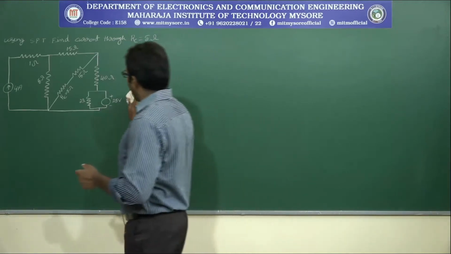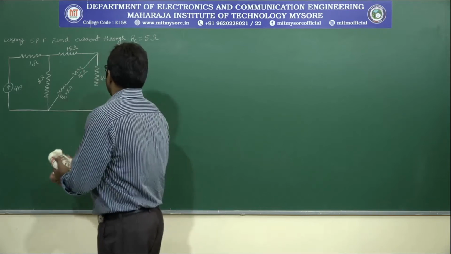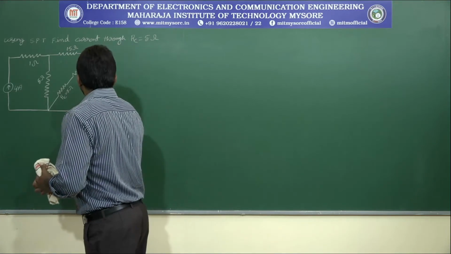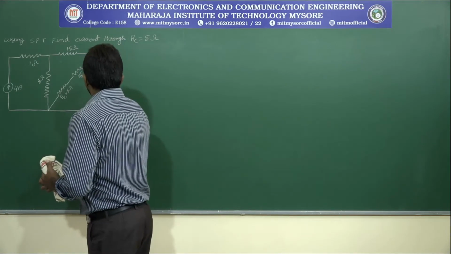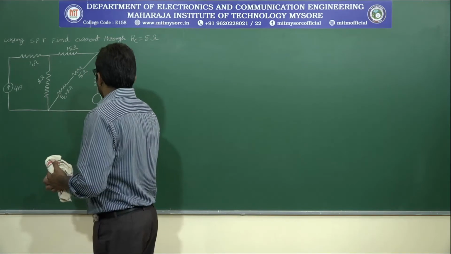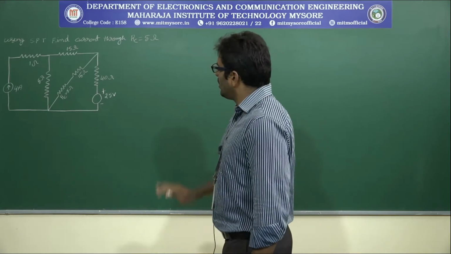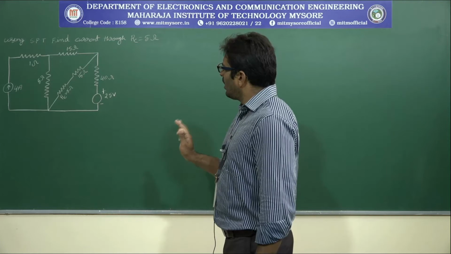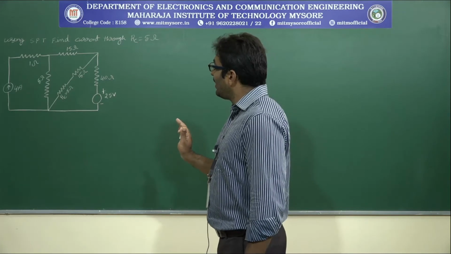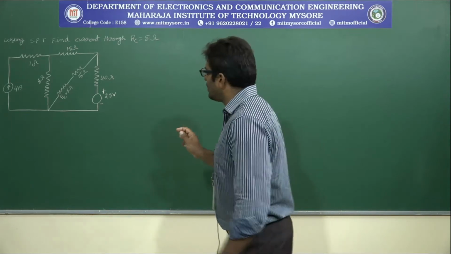See 25 volt voltage source, I am changing in the same circuit, minus to plus 25 volt voltage source. Okay, then also there is no change in the circuit. Again let me rearrange the circuit in order to apply the KCL in simple way.